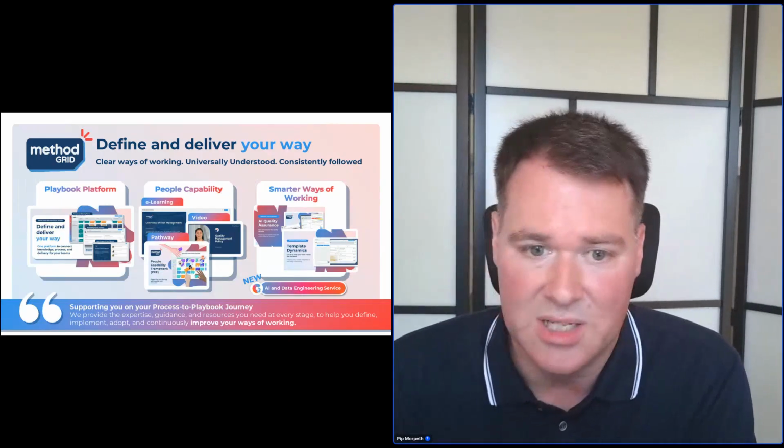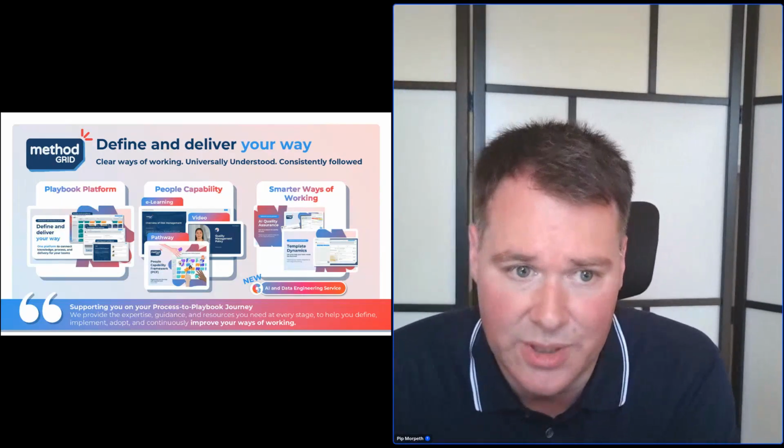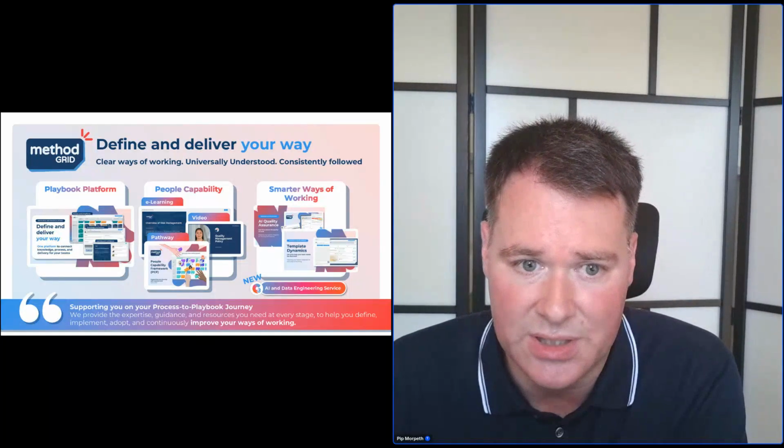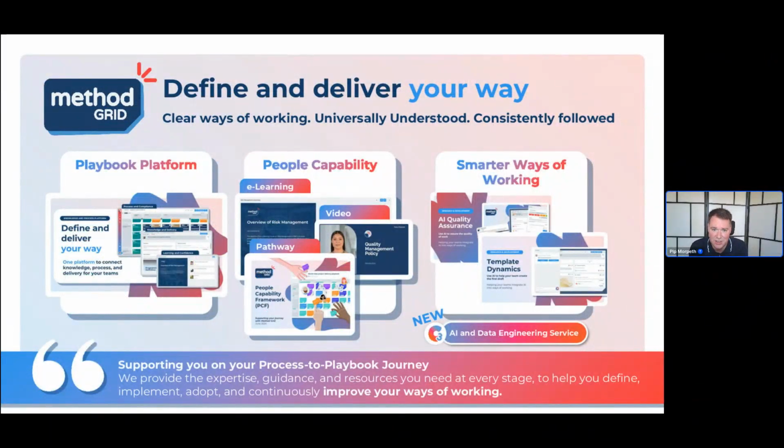So that's pretty much what we are. That's Method Grid, and that's the playbook platform. There are a few things we do on the side to help clients on that journey in terms of improving their capability. Obviously we provide a platform, but we've moved more recently into helping clients further. You've got a lot of stuff that's written down, but you might not have the training or learning assets that help people build their confidence in how to execute it.